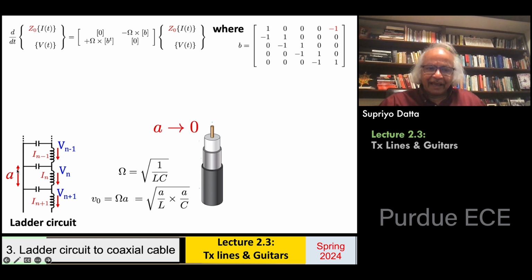So as you make a smaller and smaller, this becomes a more accurate representation of the real thing. So that's what we want to do in this lecture: go from our discrete limit, as we were doing before, to this continuous limit.